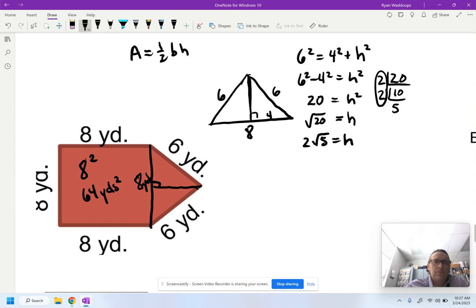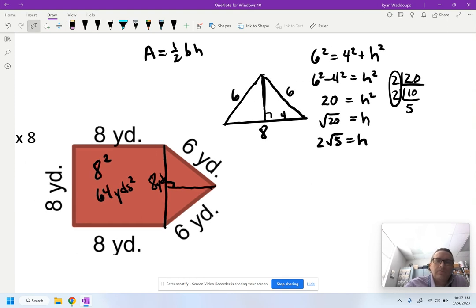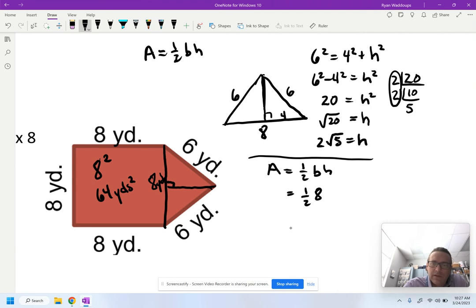And so going back to that, the area of my triangle is 1/2 the base times the height. That's 1/2 the base, which is 8, times the height, which is 2 times the square root of 5.